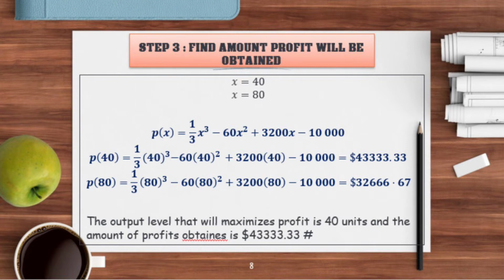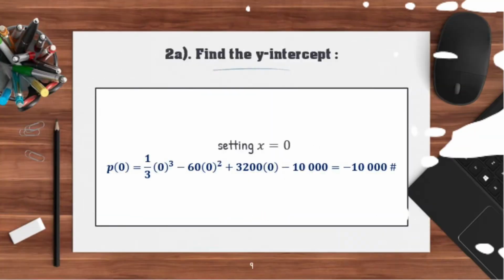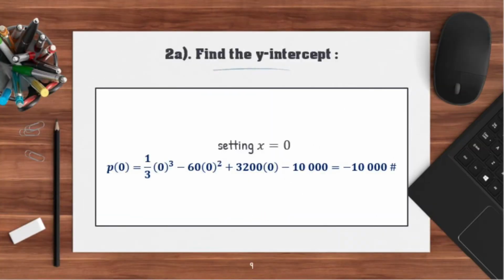For the next output, which is 80 units, we get a profit of $32,666.67. The result is that the output level that will maximize profit is 40 units and the amount of profit obtained is $43,333.33. Let's move to question 2.